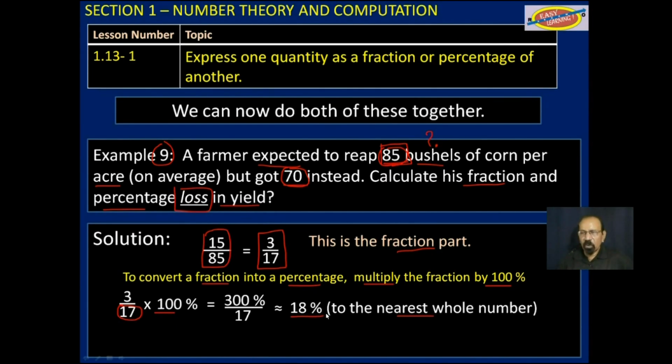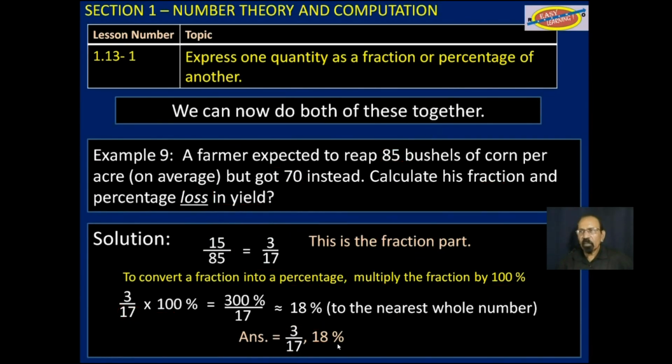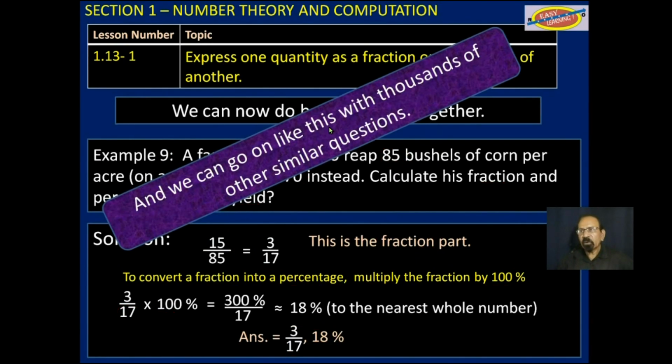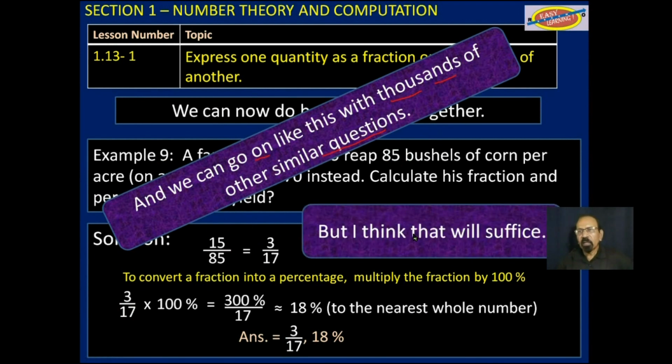So 3/17 lost 18%. Now, we can go on like this with thousands of other similar questions. But I think by now you understand this very well. Yes, so this will suffice.